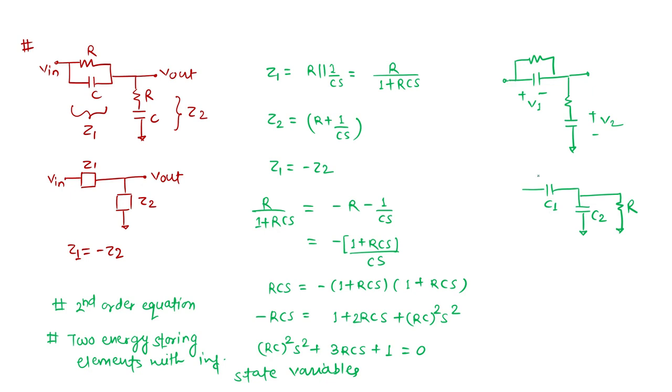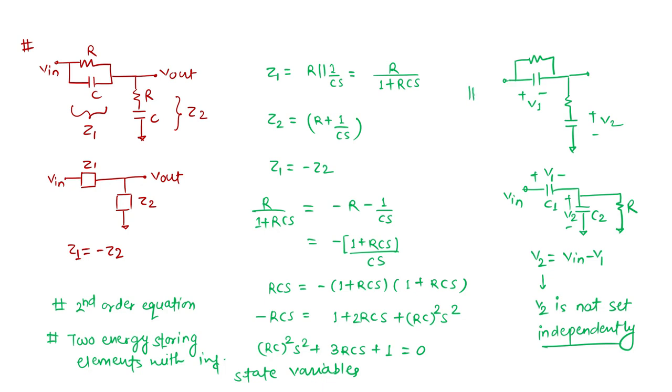If this is my V1 and this is my V2, and it is my, let's say, V in, then my V2 is nothing but V in minus V1. So I will say V2 is not set independently. It is dependent on V1. So only one state variable is there in the second case. But in the first case, there are two independent variables.